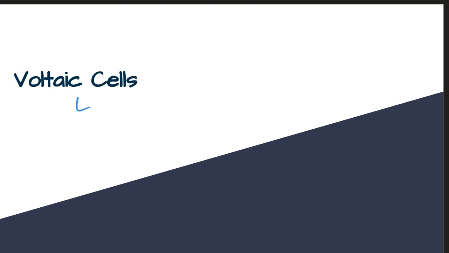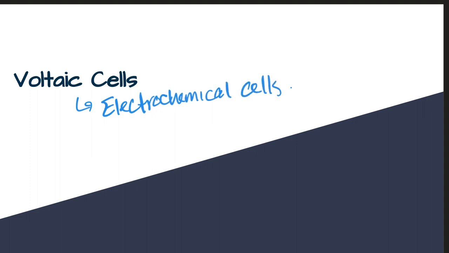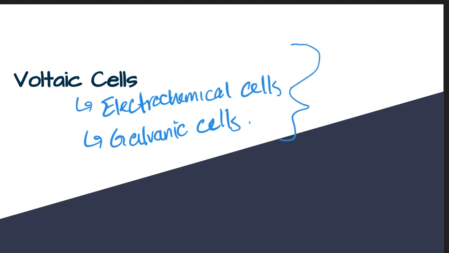They can sometimes be called electrochemical cells, or galvanic cells. They all mean the same thing. Just worthwhile noting that there is different terminology for these out there depending on where you are.